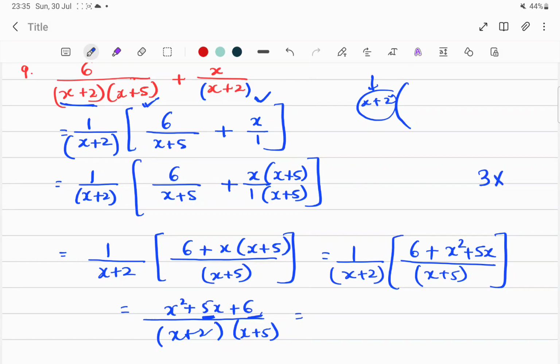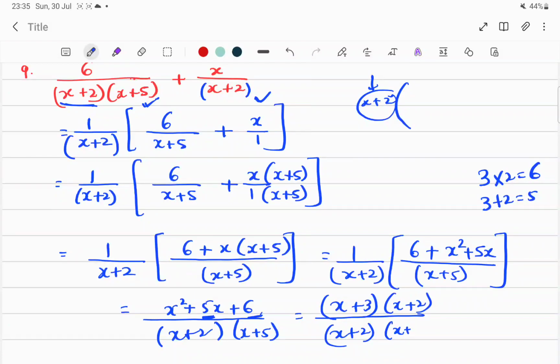Two numbers that multiply should give me 6, and those two numbers should add up to 5, which is happening over here. So x plus 3 times x plus 2, I can write it, divided by x plus 2 times x plus 5, and this is a common factor, so cancelled out. So finally we got the answer as x plus 3 over x plus 5.